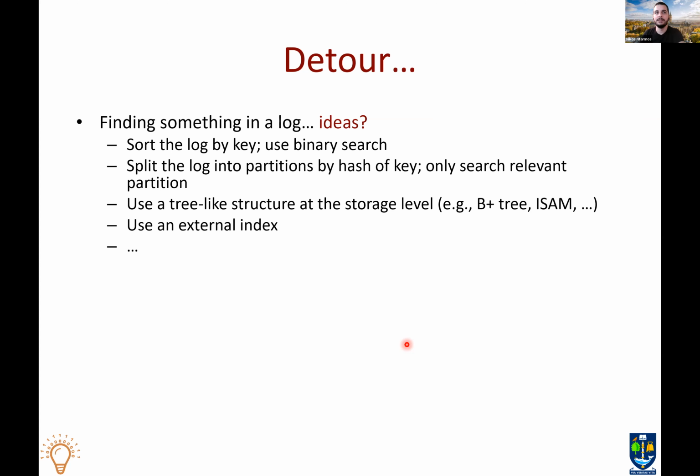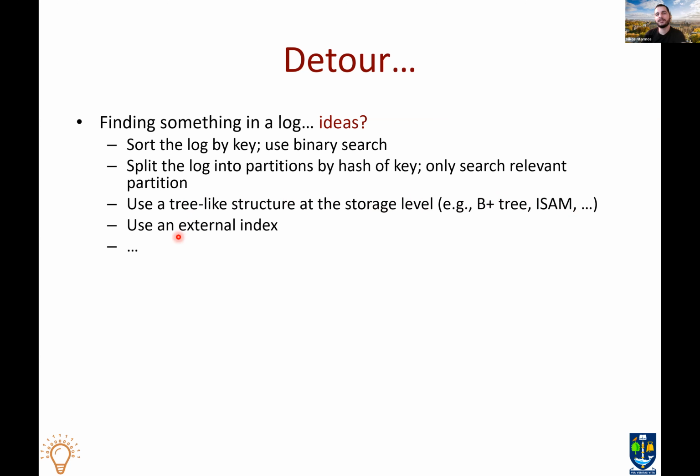We could use a tree-like structure at the storage level, like a B+ tree or an ISAM or something like that. Yes, the problem with this is that there is a level of random IO here, and that's what we're trying to avoid.